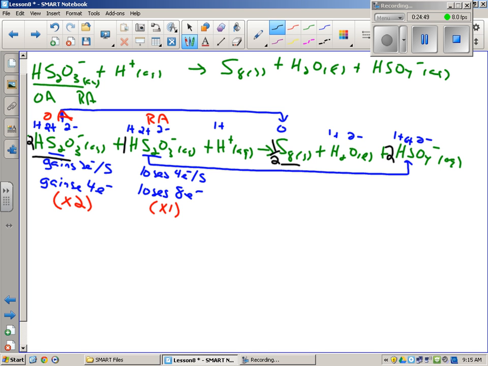Now, the rest of it, okay, the S's are balanced. You only got hydrogens and oxygens left, and that's where you kind of got to work from. Remember, we put numbers here. I can't change these now, okay? I cannot change these numbers, so I got 6 O's there, and I got 3 more there. That's 9 O's there. Over here, I have 8 already.